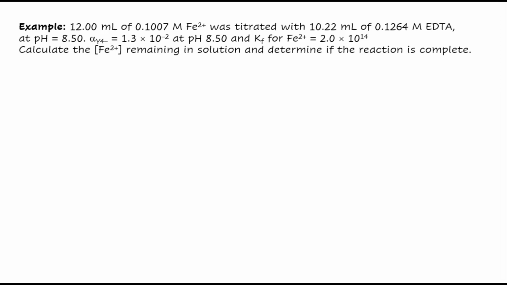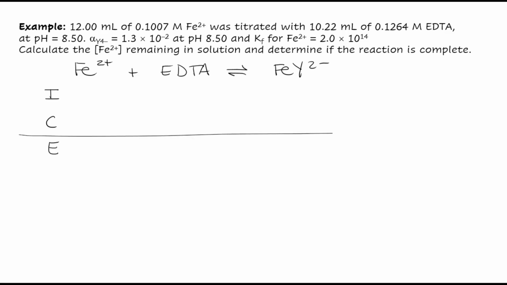Here's our example. The first thing we do is set up our millimole table. Our reaction is our metal ion, Fe2+, reacting with EDTA to form the complex, which is FeY2-. The rows are ICE, initial, change, and end, and our units are millimoles.